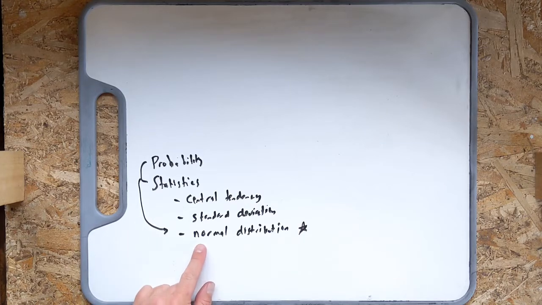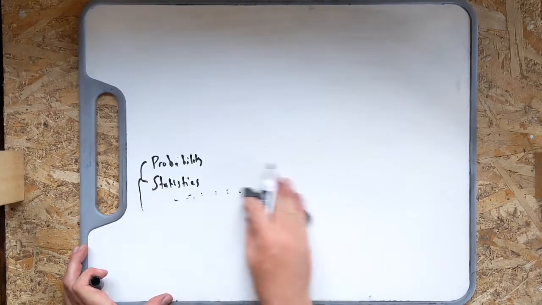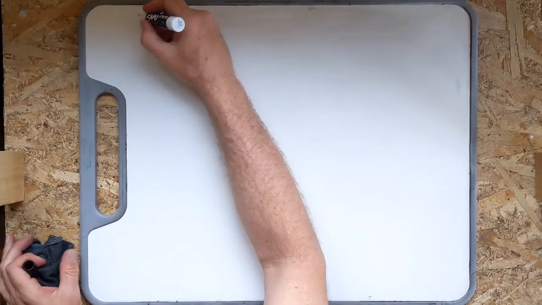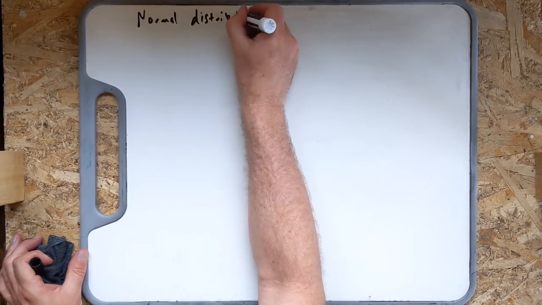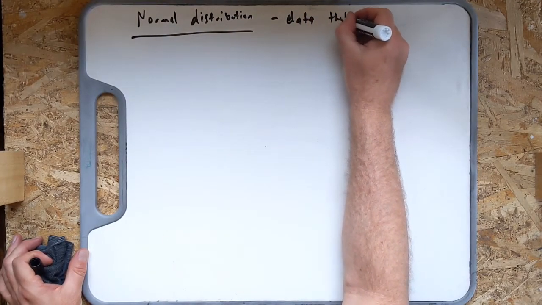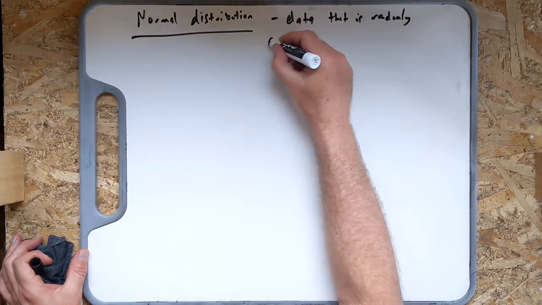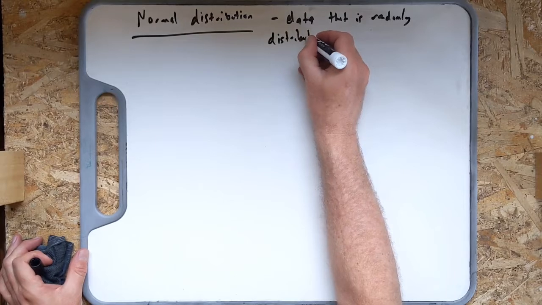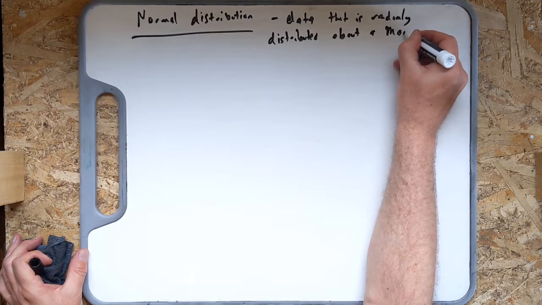I'm going to first define what normal distribution is. I think you've heard it more commonly used as the normal curve or the bell curve. But let me first define it. So a normal distribution is a distribution of data that is randomly distributed, hence distribution, about a mean or average.